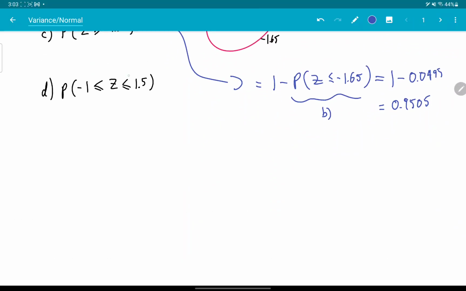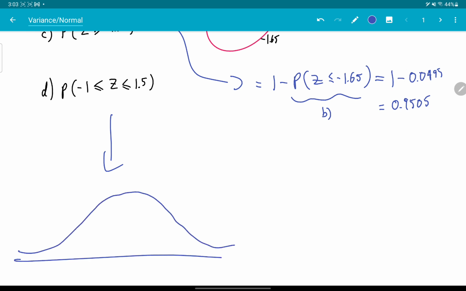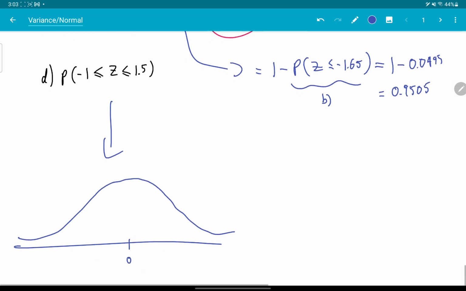Now, if I want to do this guy, now this is something I can visualize as, here's my 0, 1.5, let's say it's here. Then 1 would be, let's say, here. So this guy, part D, I'm trying to find this area. So what I'm going to do is find a difference, right?